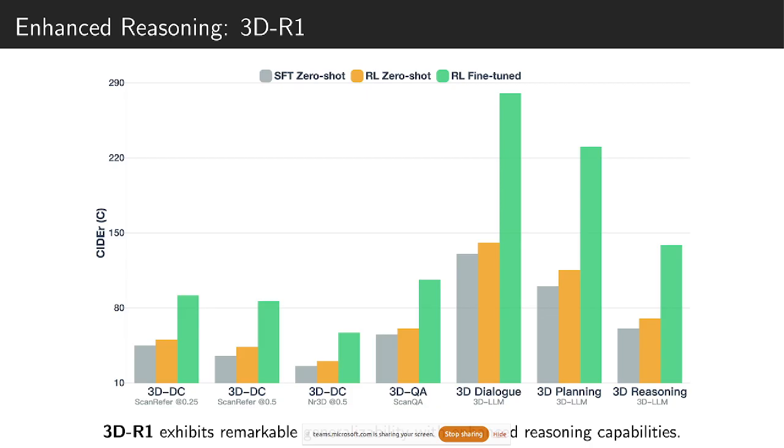You can observe significant boosts in certain tasks such as dialogue, planning, and reasoning, but little boost in captioning, such as the 3D captioning metrics. That's really aligned with our assumption that RL can only help you adjust certain perspectives of the foundation model.